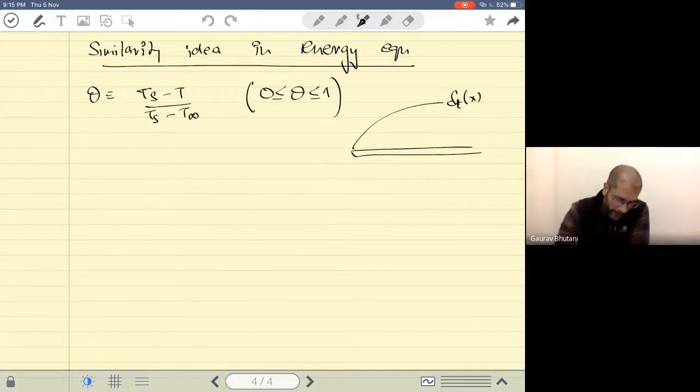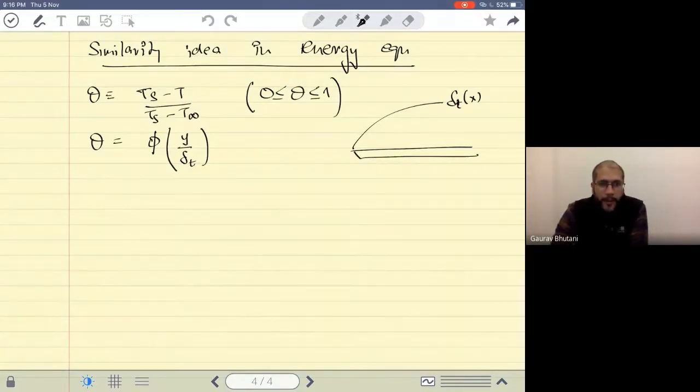The idea of similarity is that theta is some function of y upon delta, in this case delta t, because we're talking about the thermal boundary layer.